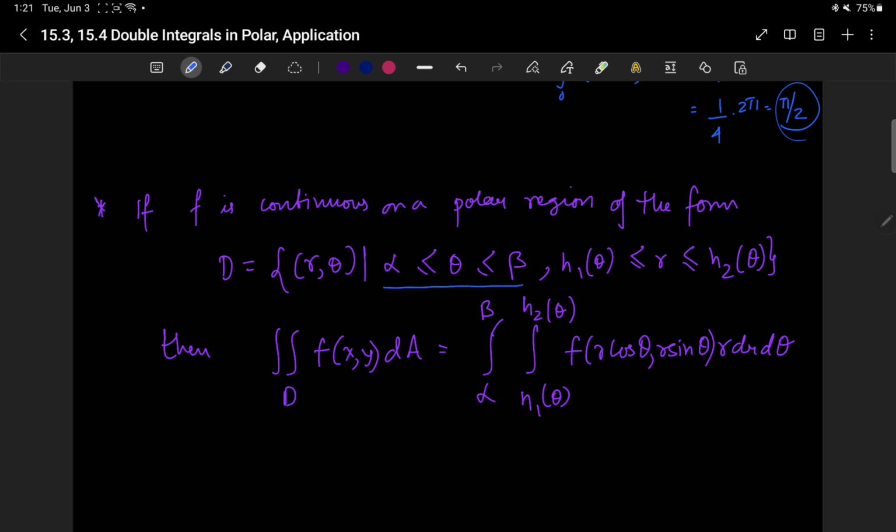Well, theta is between alpha and beta, but r is between some functions of theta. Think of this as the general region for regular double integrals. The only thing that changes is that the limits have to be in terms of theta, so that when you perform the second integral, everything is in terms of theta instead of there being r and theta.